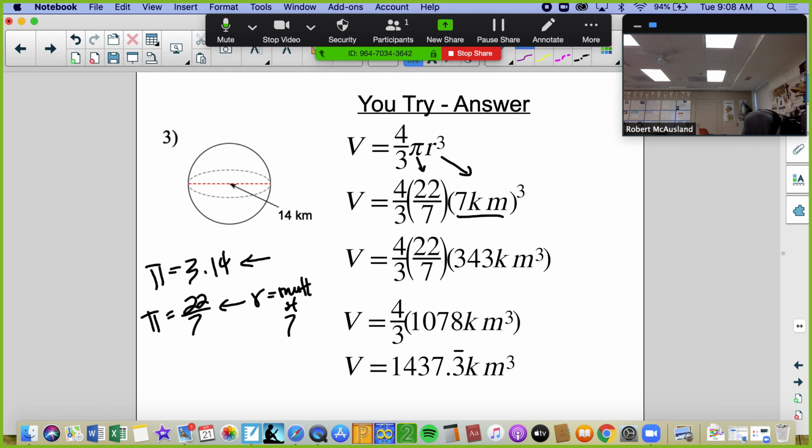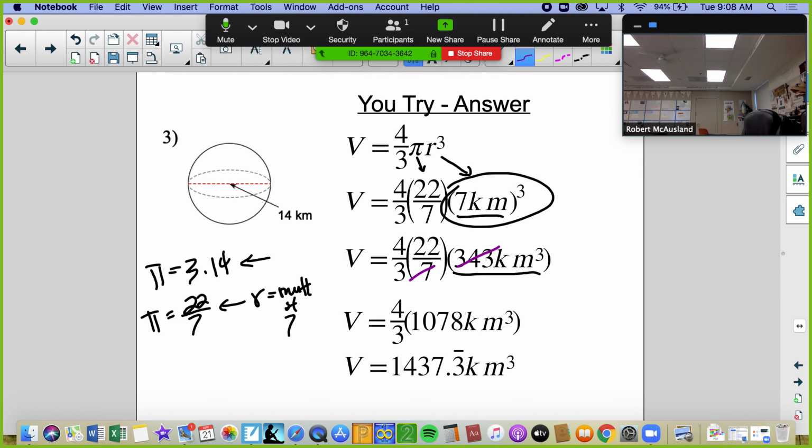Now, I don't cancel the 7s first because I have to cube it, because exponents come before division and multiplication. So I'm going to cube 7 kilometers, and I get 343 kilometers cubed. Then I'm going to cancel this denominator with this numerator and simplify it.